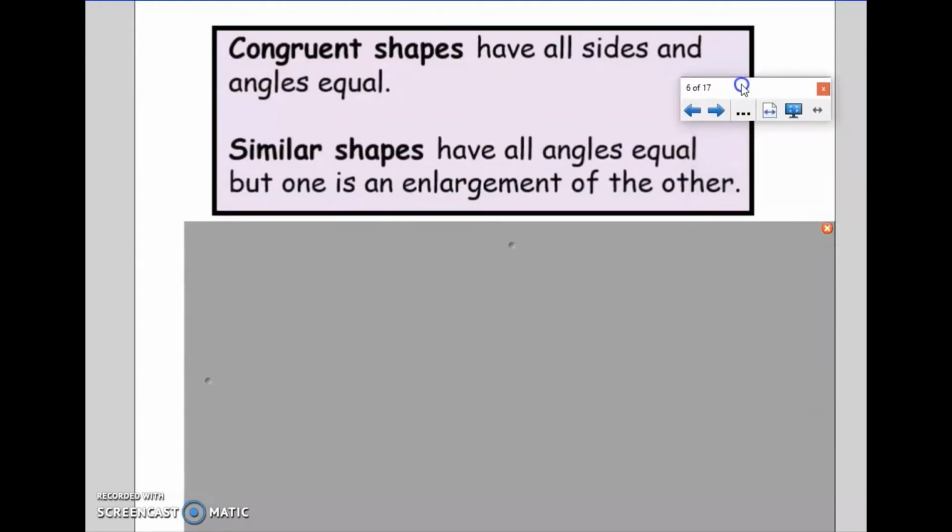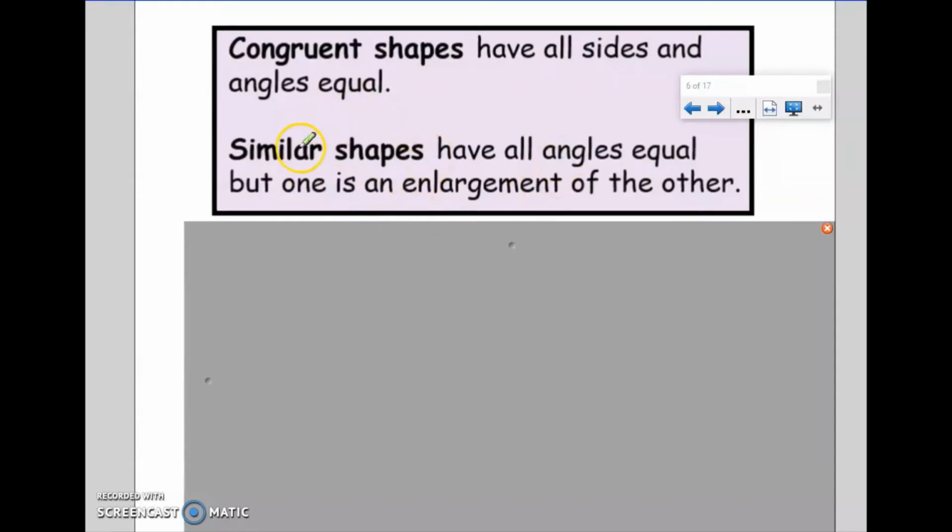Okay, so let's make our ideas and our proofs of congruency a little bit more mathematical. So first of all, I've just defined the difference between congruent shapes and similar shapes. So in a congruent shape, the shapes are exactly the same. All sides and all angles have to be equal. All corresponding sides and corresponding angles have to be the same.